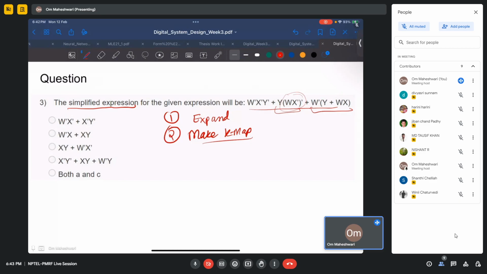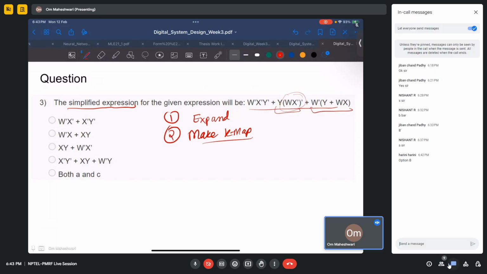And Harini says option B. Anyone else? What answers are you getting? Or please let me know in which steps you are facing difficulty.